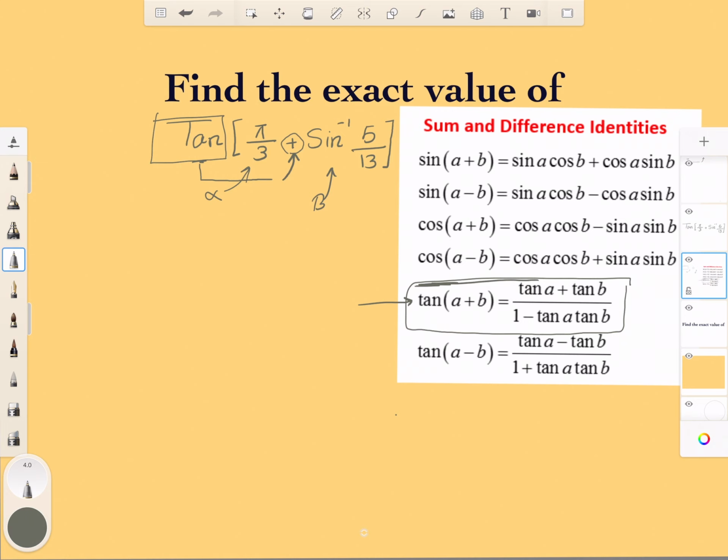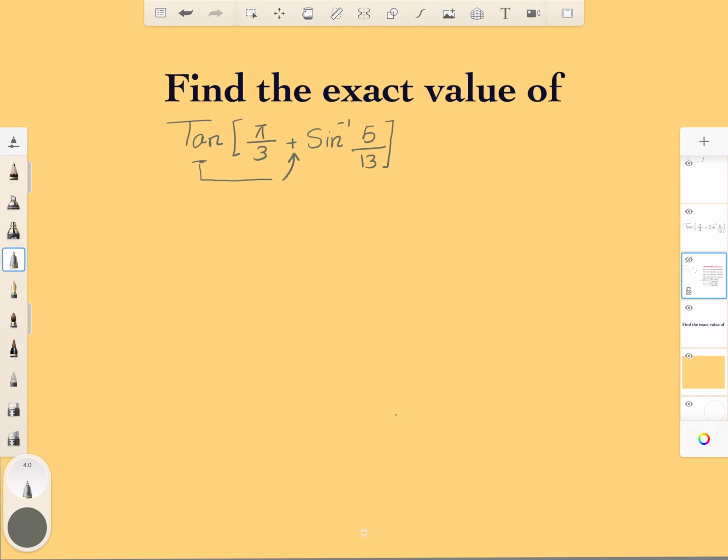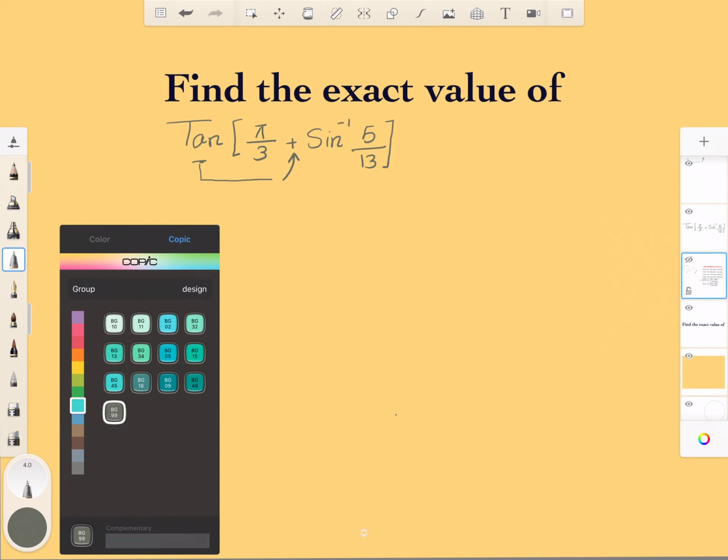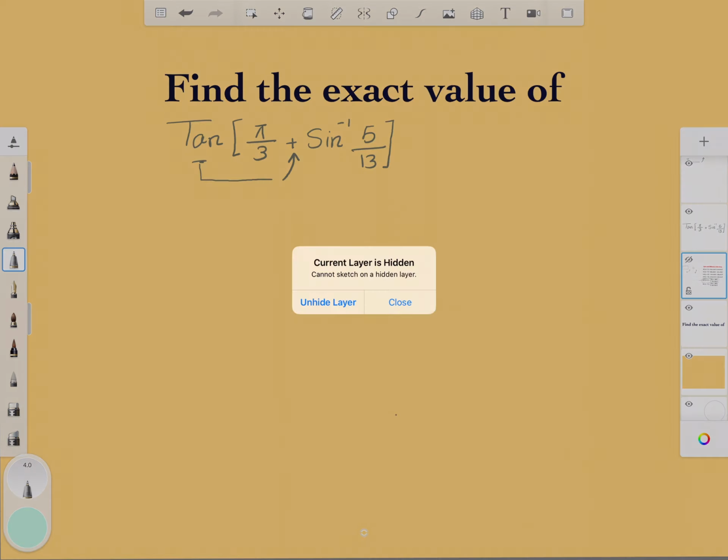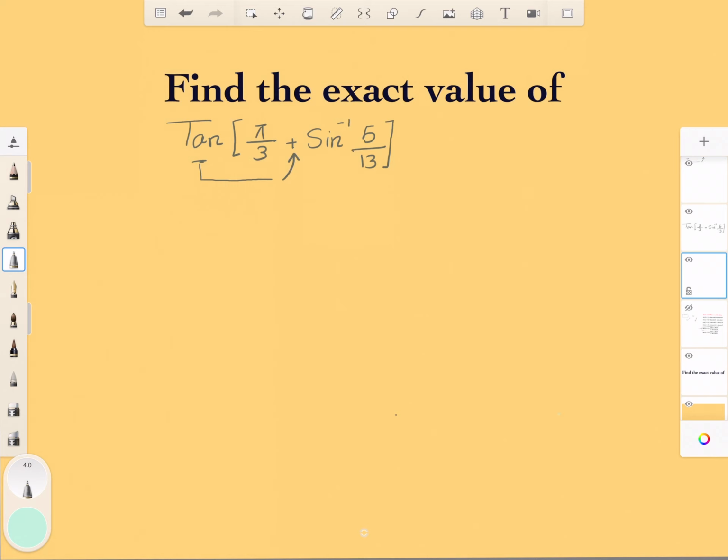So let's hide this layer. I'm going to write the formula that we are going to use. It will be tangent of alpha plus beta equal to tangent alpha plus tangent beta over 1 minus tangent alpha times tangent beta.